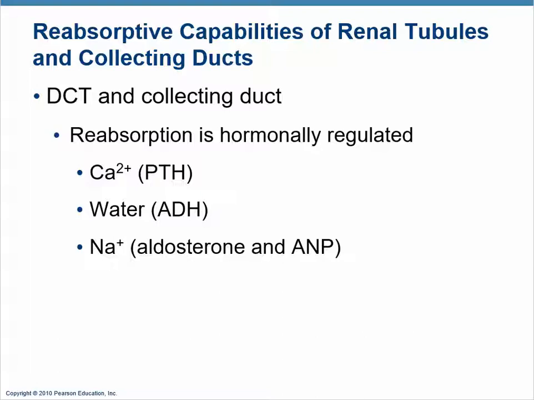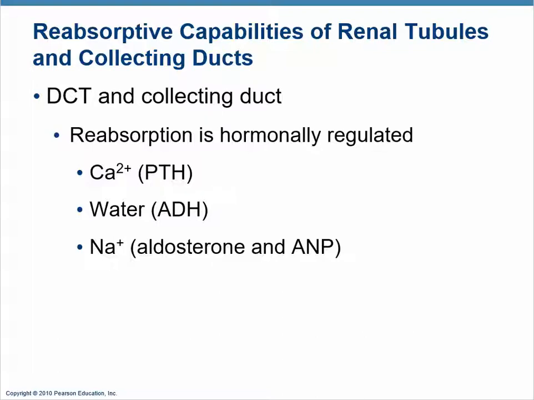Now, the sodium levels have to be just right, and there's two hormones that do that. One is called aldosterone. Aldosterone is released by the adrenal gland, by the adrenal cortex, and it's the mineralocorticoid. What it does is it responds to either not enough sodium or too much potassium.